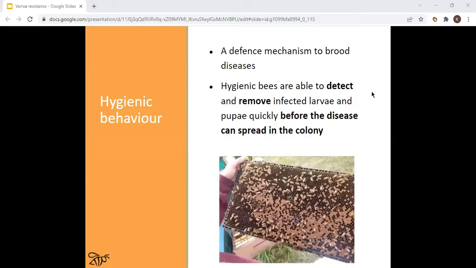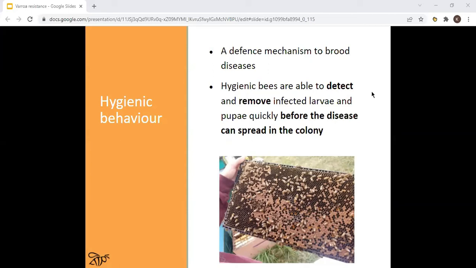So let us start with hygienic behavior. So hygienic behavior is a defense mechanism to brood diseases. And this mechanism involves two things. So first, the ability for bees to detect that something is going wrong with the brood. And second, it's their tendency to quickly remove the diseased brood.